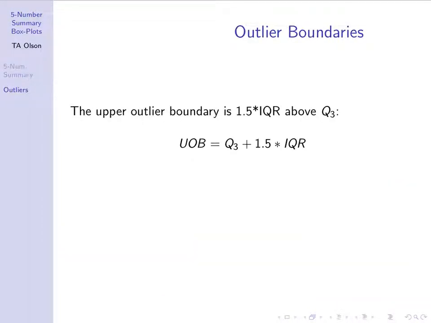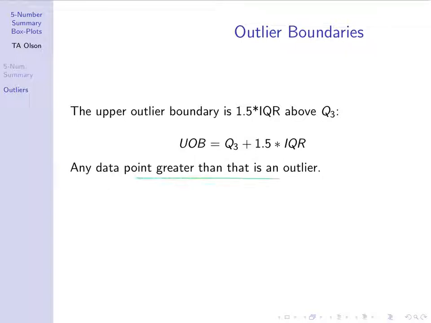More formally, it goes like this. Our upper outlier boundary is 1.5 times the interquartile range above Q3. So we take Q3 and we add 1.5 times the interquartile range, and that's going to be our boundary. Any data point greater than that boundary is defined as an outlier.